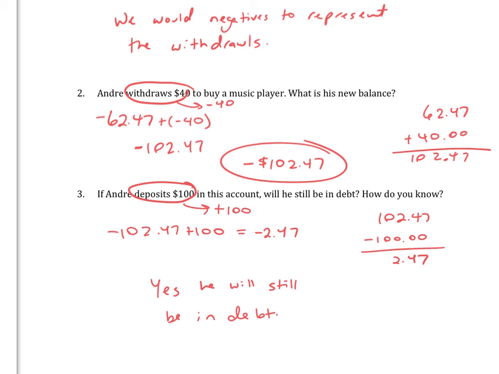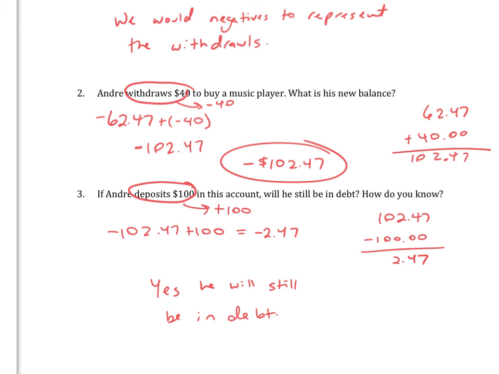If you wanted to think about it a step further, you can ask yourself, how much more will he have to deposit in order to no longer be in debt? And that answer is he would need to deposit an additional $2.47.